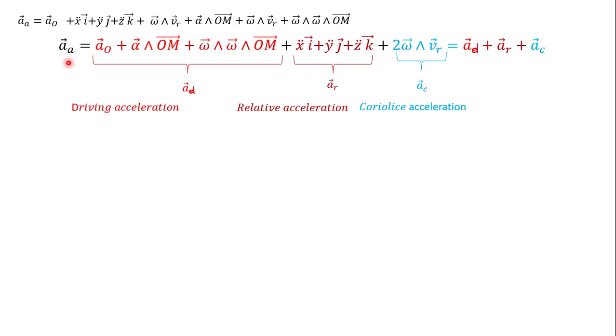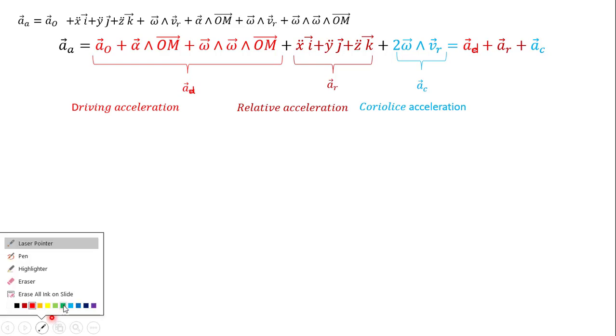So if we want to compare the absolute acceleration to the absolute velocity, we won't find this additional term. This term appears only in the acceleration expression. What am I saying?